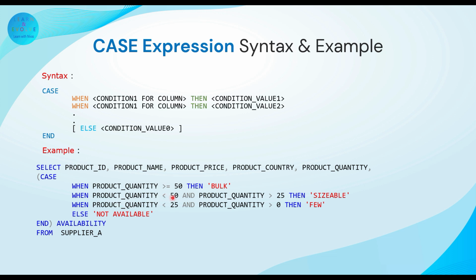If the quantity is less than 50 and greater than 25, we say it is a sizable quantity. If the product quantity is less than 25 and greater than 0, we say it is a very few quantity. If it is none of these, then we say not available. This is one form of translation for product quantity. You can have your own translation logic using the case statement.